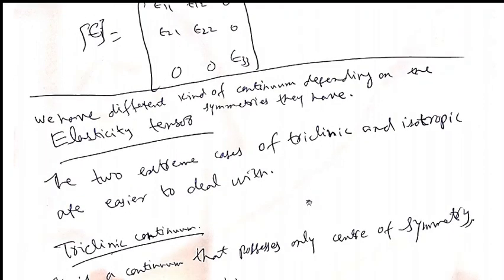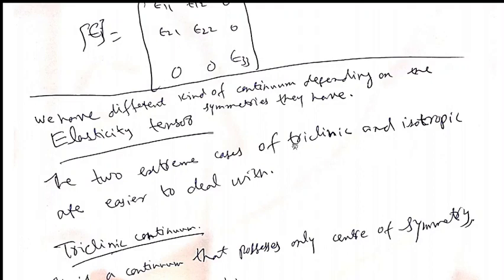Now we will see the effect of symmetry on the number of independent components of elasticity matrix. So we have different kinds of continuum depending on the symmetries they have. Let us start from here, that we have basically two extreme cases of continuum. One is triclinic and the other one is isotropic. Why they are extreme?